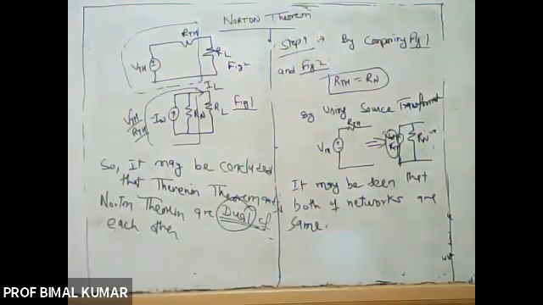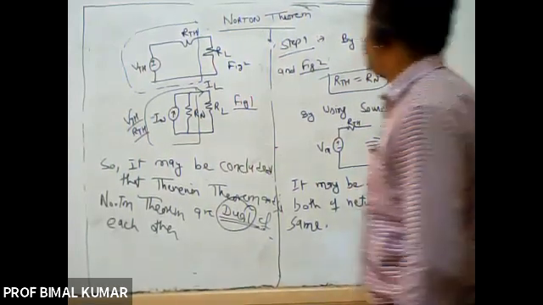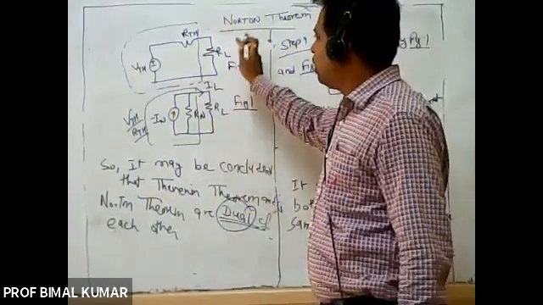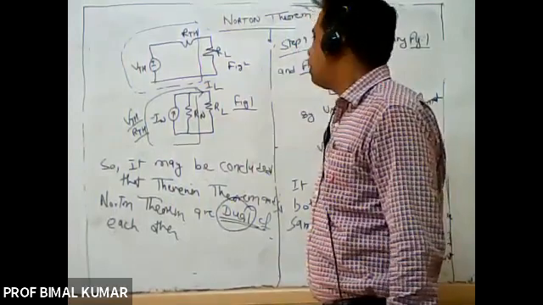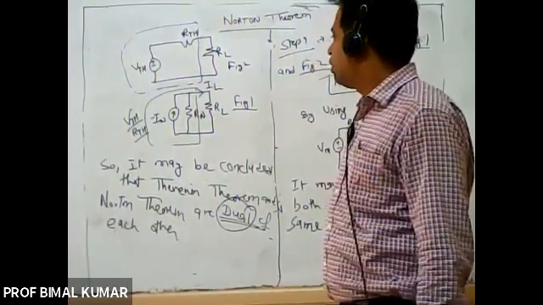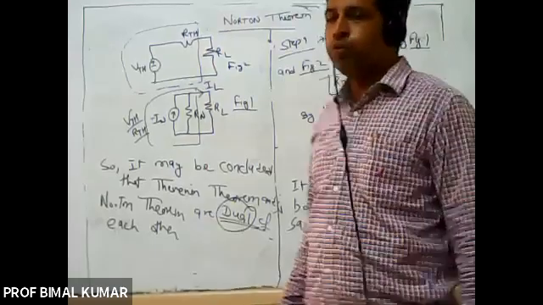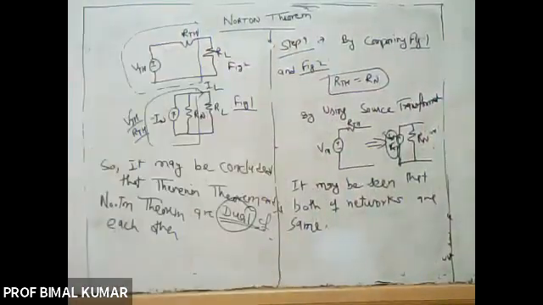Otherwise, whether you will use Thevenin theorem or Norton theorem, if we are applying the theorem on the same network, then result will be totally same. So that means if in one case I am getting the current as 3.2 ampere, again in the second case I am getting the current as 3.1 ampere only, right? So this is all about the Norton theorem.